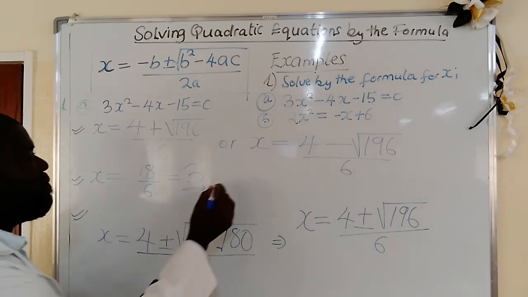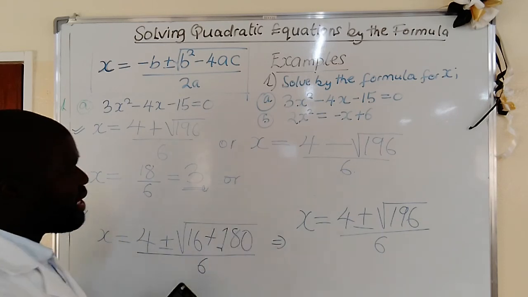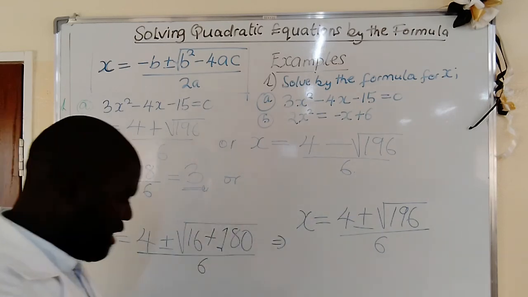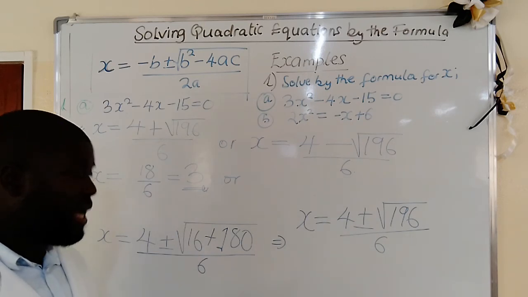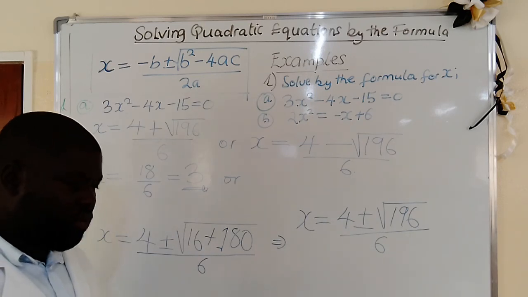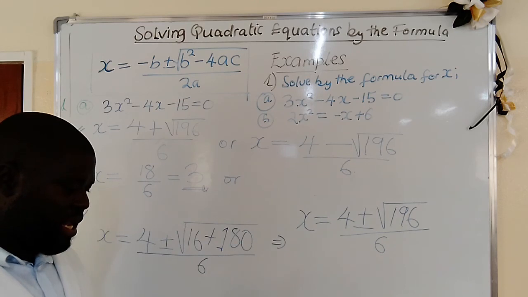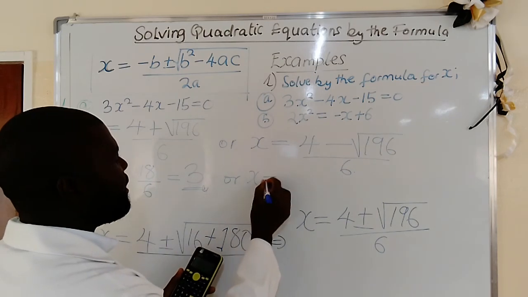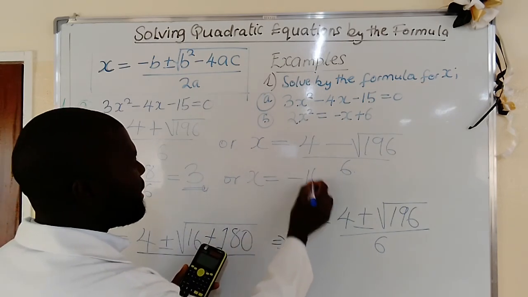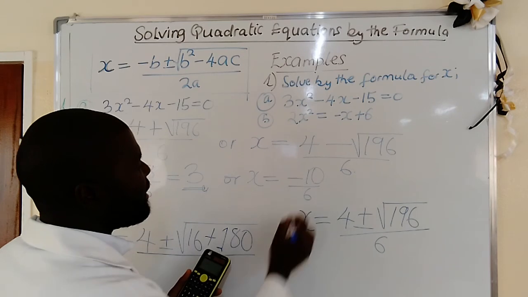The other value of x, we shall get it from 4 minus the root of 196 equals, so from there we are getting x is equal to negative 10 over 6.